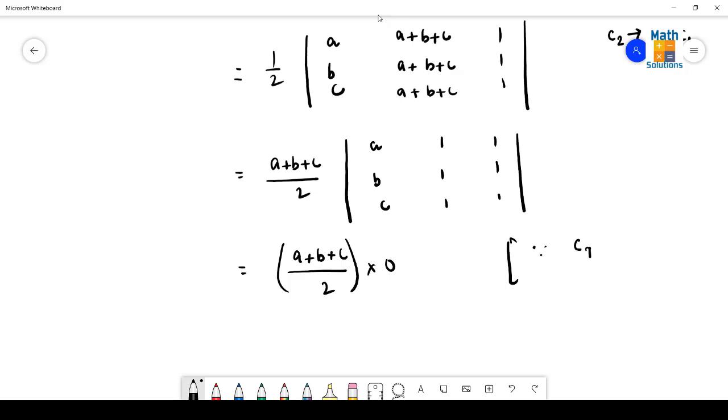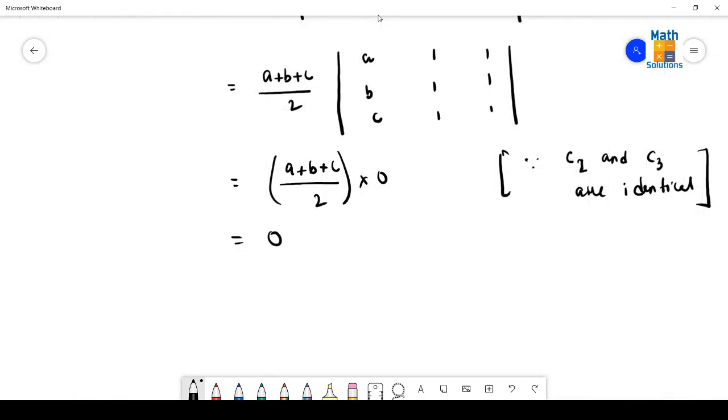C1, C2 and C3 are identical. So ultimately this result is 0. Therefore, since area of the triangle ABC is 0, therefore A, B and C are collinear. Hence proved.